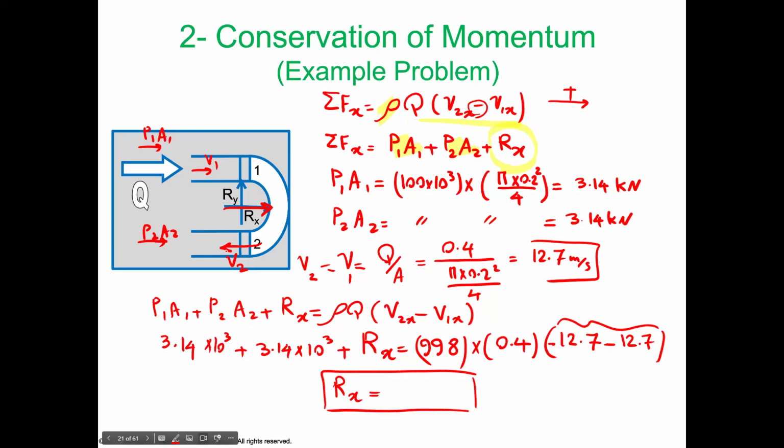Again, for this one, look at how it goes in, how it goes out. Velocity at this point goes in, positive. So I consider it positive. This negative is because of the equation. Here, water exits, so negative. I will put negative here. Otherwise, it gets 0. Doesn't make sense. So see if you can find Rx here.